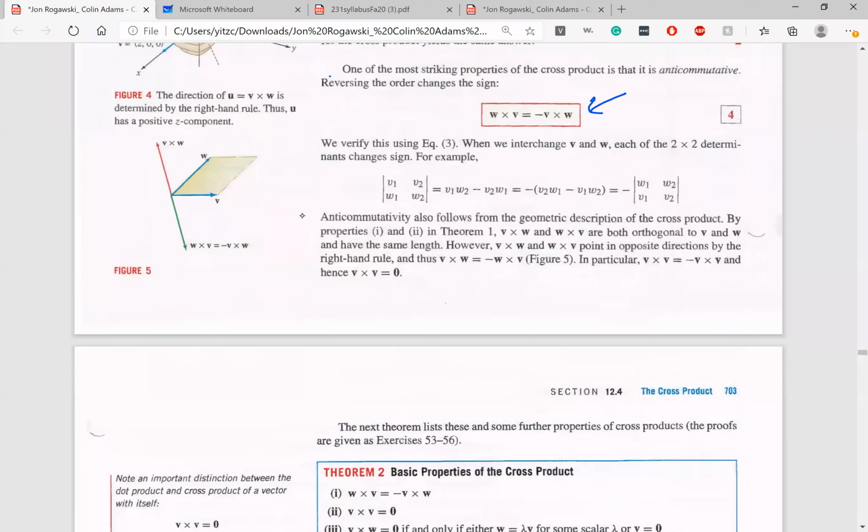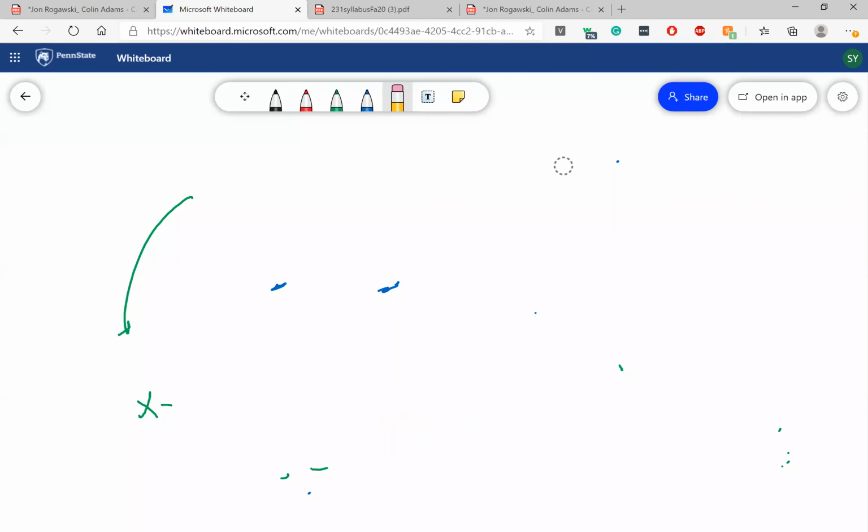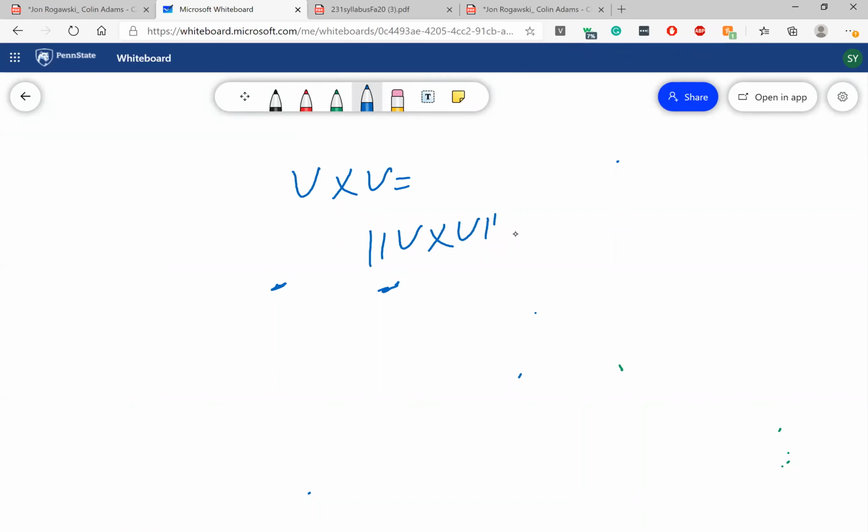So here are some properties of the cross product. Like we said, W cross V is equal to negative V cross W. V cross V is equal to 0, which makes sense. If you're looking at V cross V, the magnitude of V cross V is equal to the magnitude of V times the magnitude of V times sine of the angle between V and V, which is sine of 0.